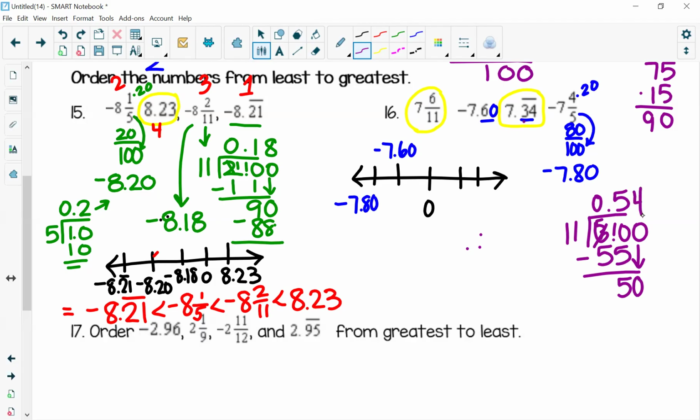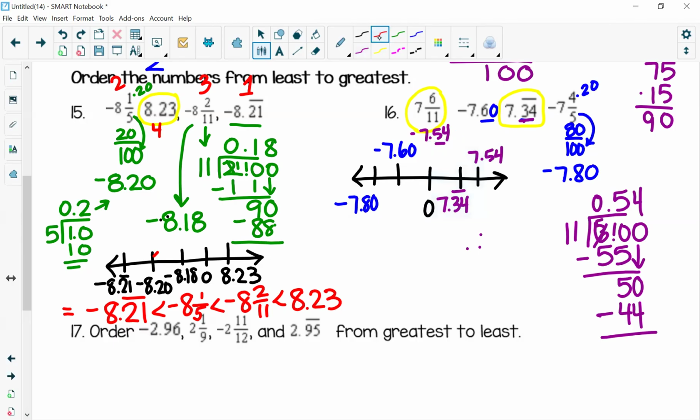But if we want to have 2 digits, we'll go there. 5, 4. And this would have been 7 and 54 hundredths. And yes, it keeps going on, but I have 54 and I have 34, which means I would put 7 and 34 hundredths here. And then I would have 7 and 54 hundredths here.